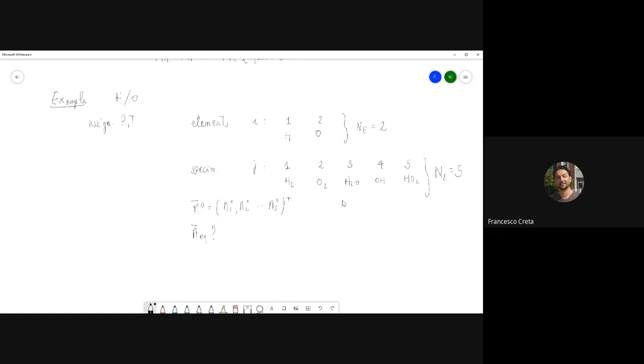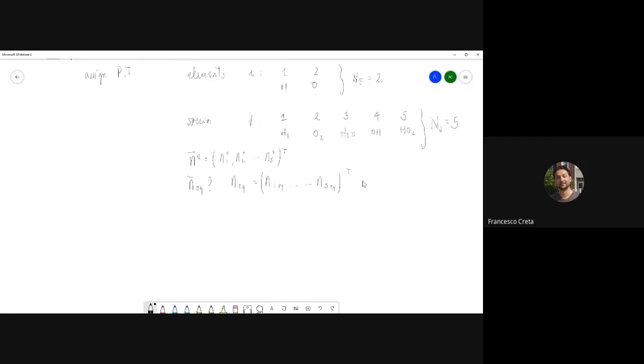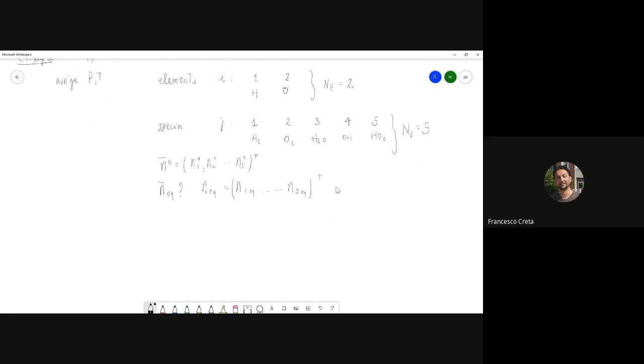That's what we have to find. So a vector composed essentially of n1 of equilibrium up to n5 of equilibrium. So we need clearly 5 unknowns. Sorry, 5 equations for the 5 unknowns.